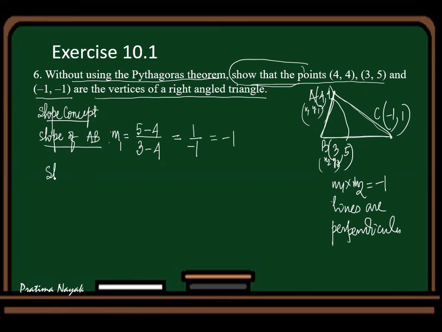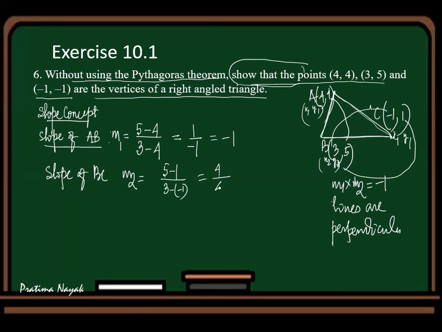Next I'll go for the slope of BC. Let me name it M2. I have taken x2, y2 and now this is x1, y1. Again, I will put the same formula, y2 minus y1 upon x2 minus x1. So it will be (5 minus 1) upon (3 minus minus 1). It will be 4 by 4, that will be 1. Now apply some critical thinking: here I have got minus 1, here I've got 1.